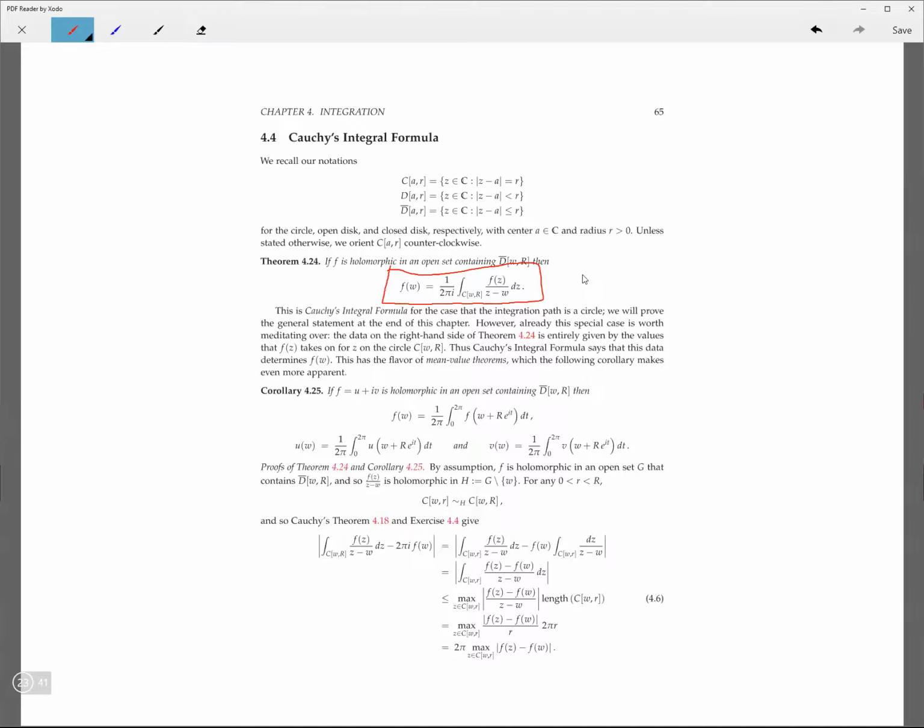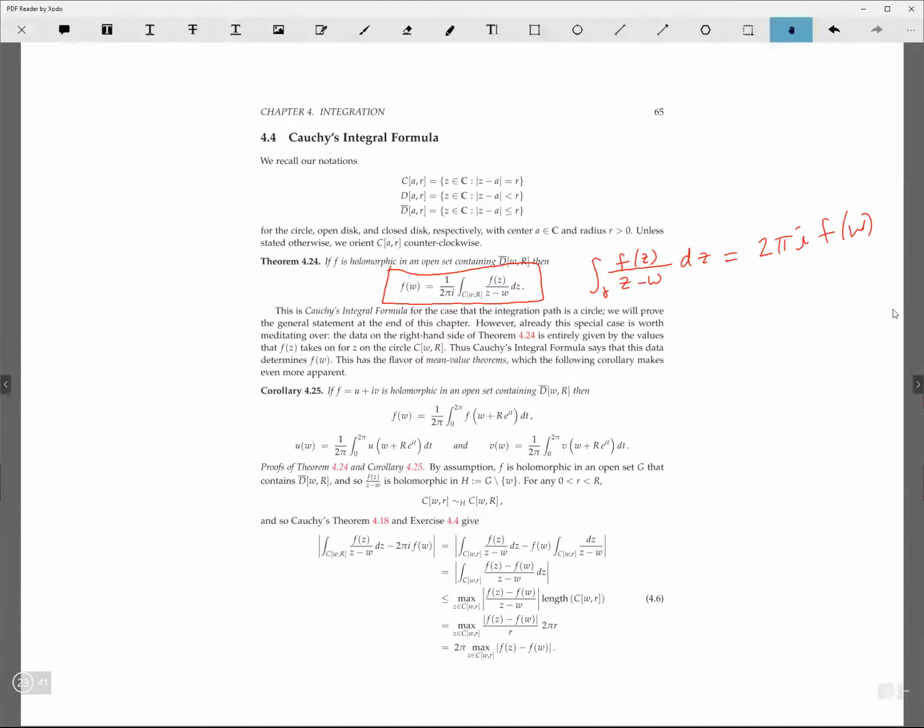So basically, another way of looking at this is as this, 2 pi i f of w. This is the way that I just showed you how that works out. Here they have a circle with center w, radius r, with positive orientation.